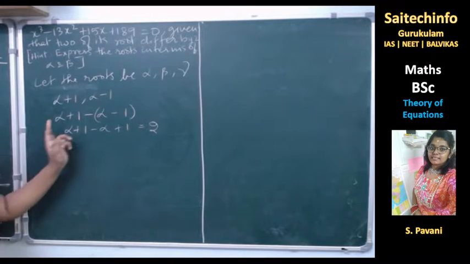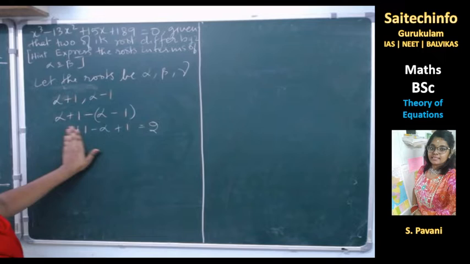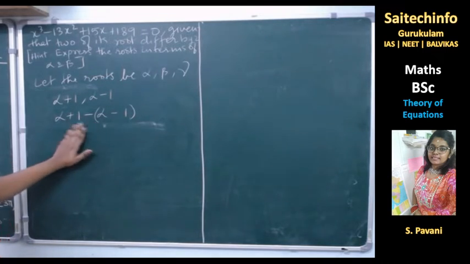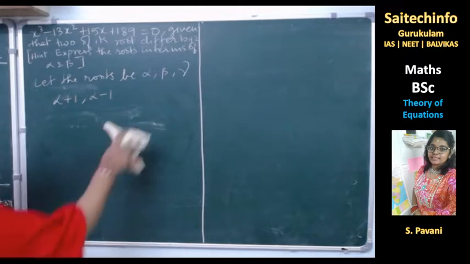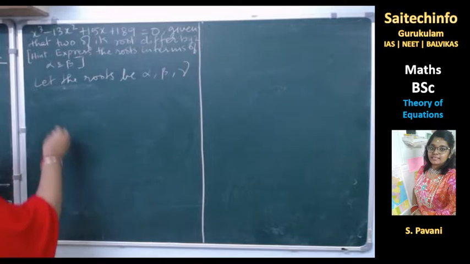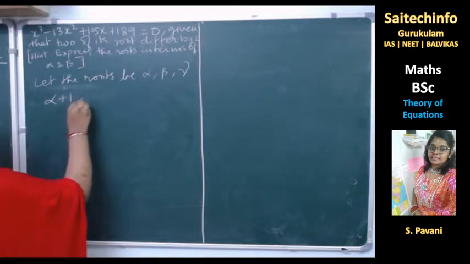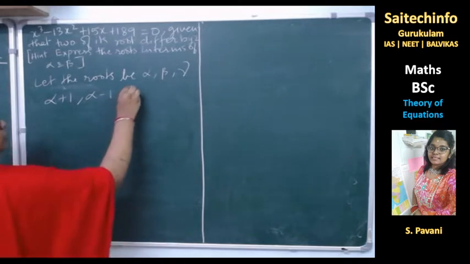So the difference of these two roots is 2. So let us take alpha plus 1, alpha minus 1. These are the first two roots, and the third root is beta.